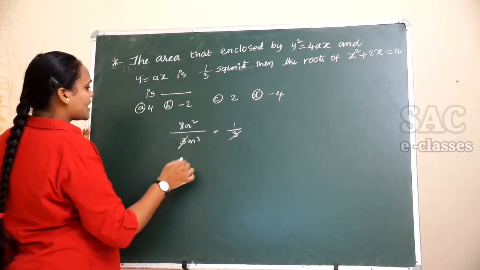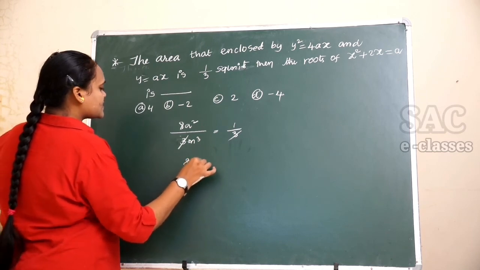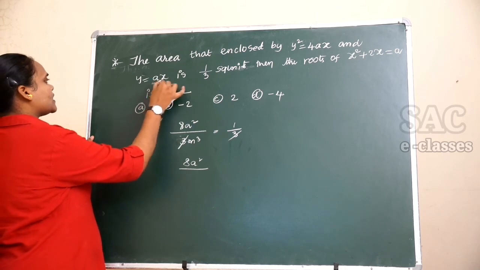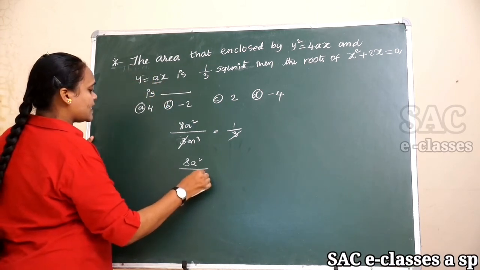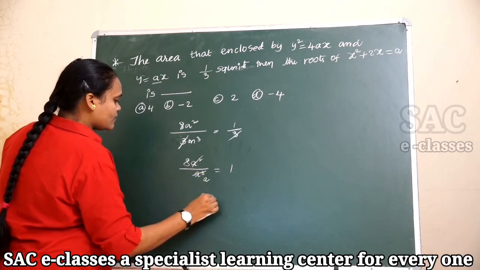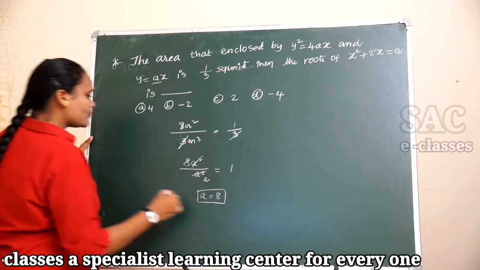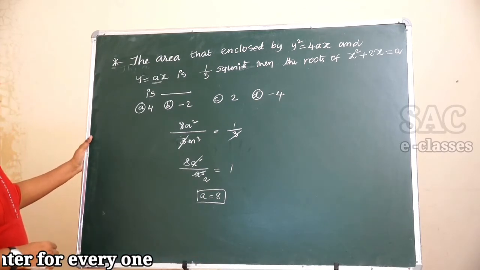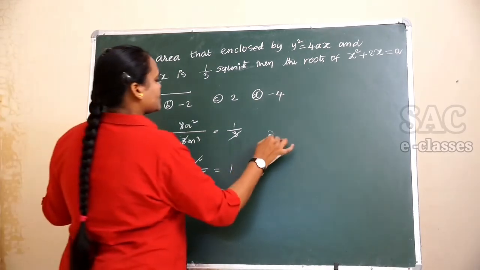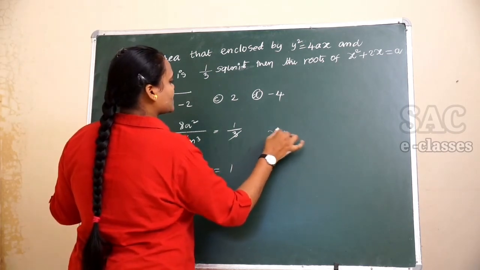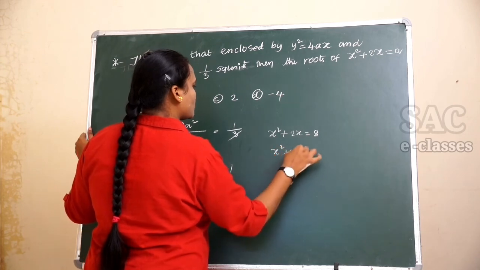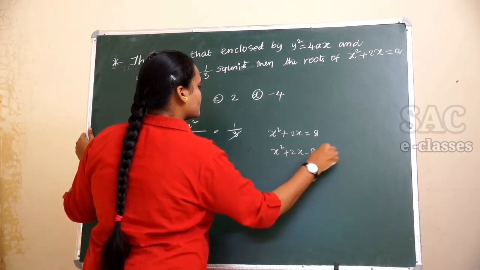Obviously the 3 and 3 get cancelled. 8a squared by, here can you say what the slope of the given line is, it is m cubed equal to 1. Obviously then the a value will be 8. But you require the roots of x squared plus 2x equal to 8. Yes, then x squared plus 2x minus 8 equal to 0.